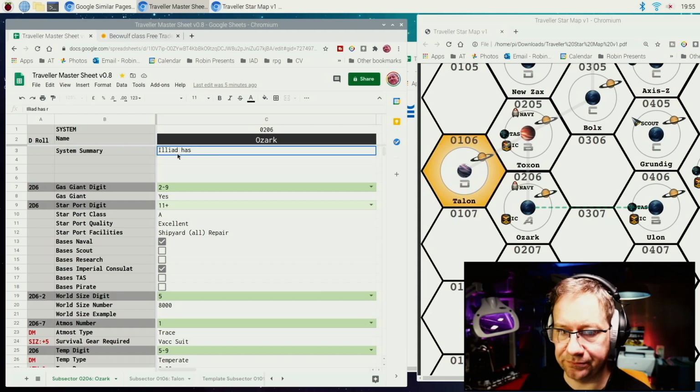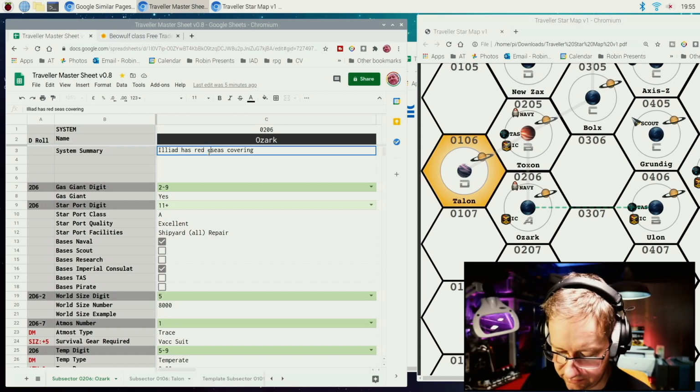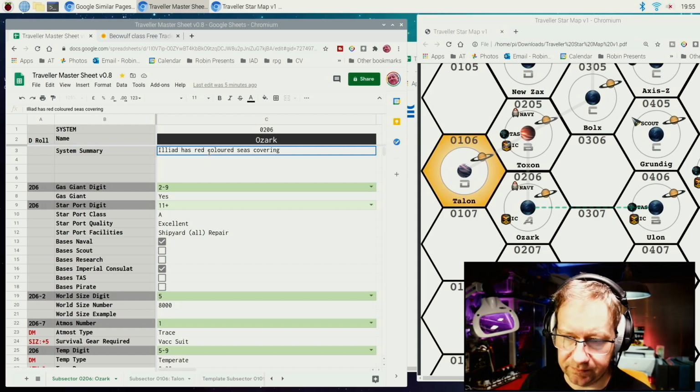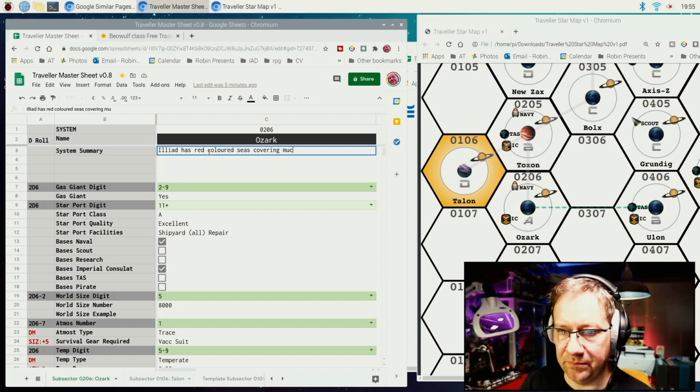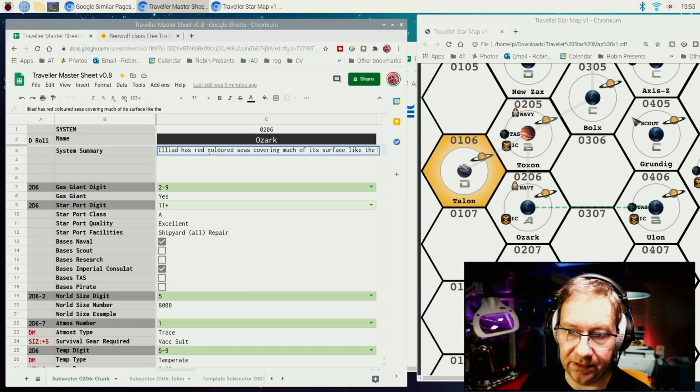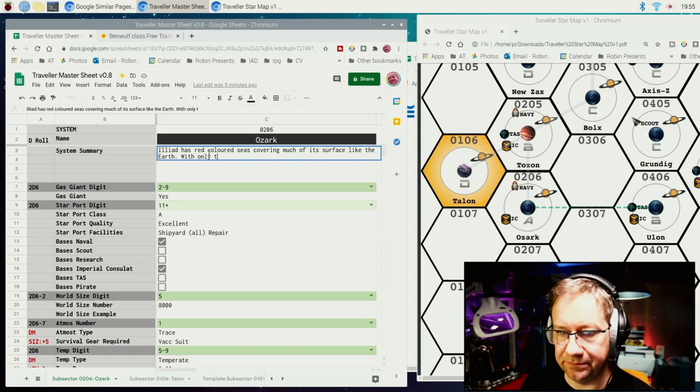Yeah, Iliad has Red Seas covering, to make that a little bit more obvious, I'll call it red coloured seas, covering surface, like the Earth, with only trace atmosphere.